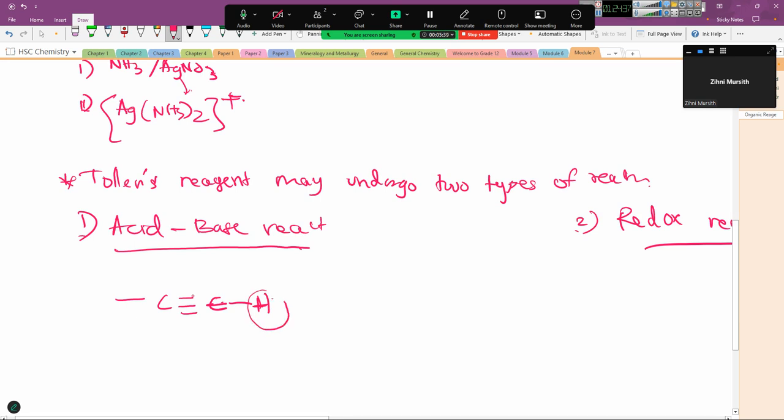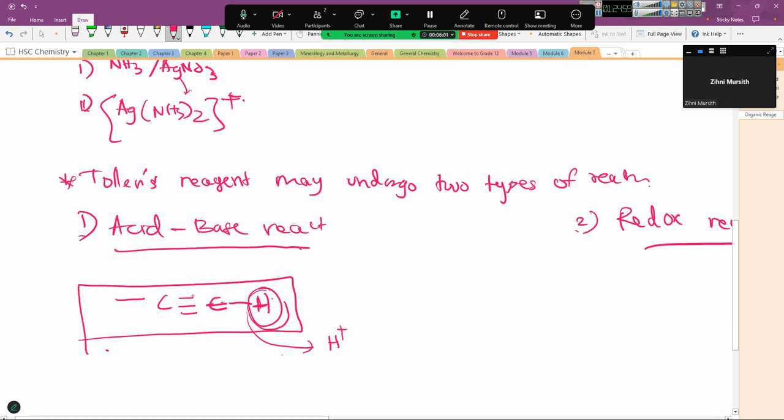Because this is a better leaving group, we will study about the leaving group later. Because of the electron repulsion happening inside the molecule, this H can leave as H plus. So this substance releases H plus.